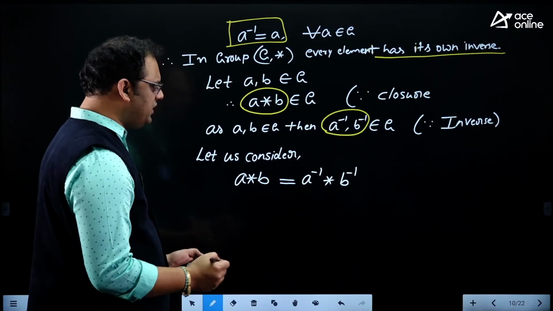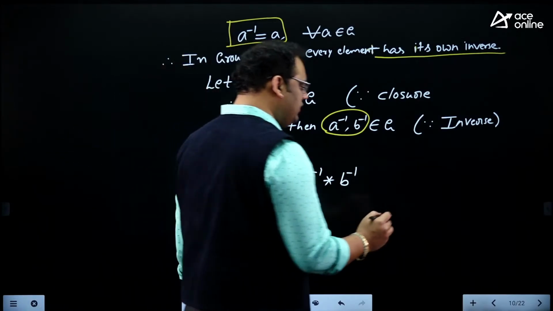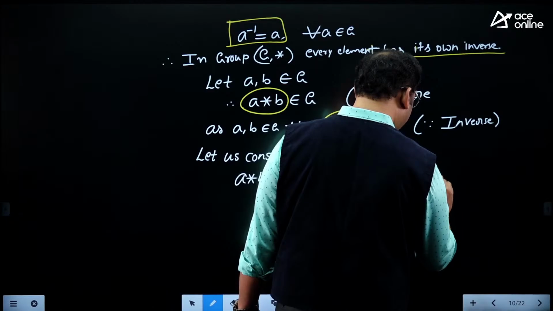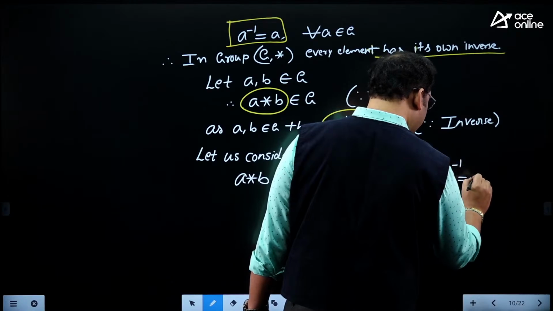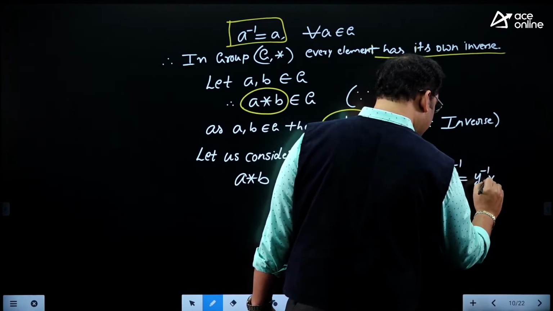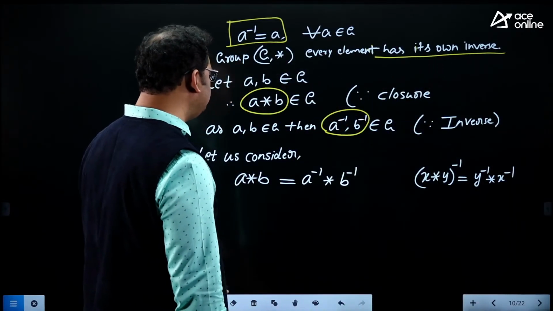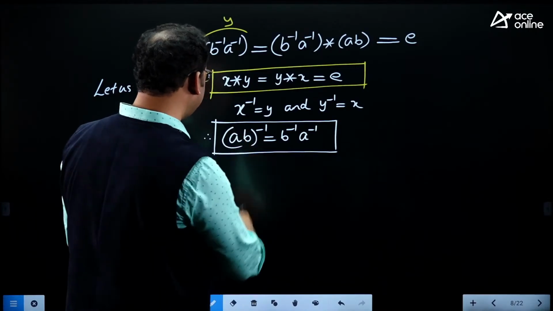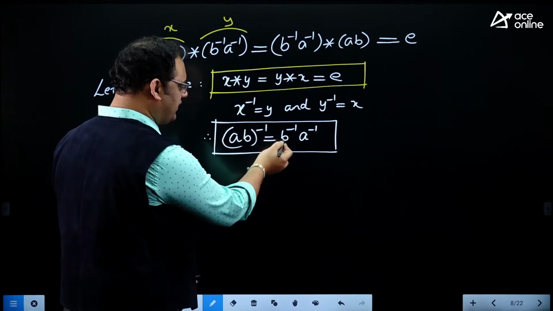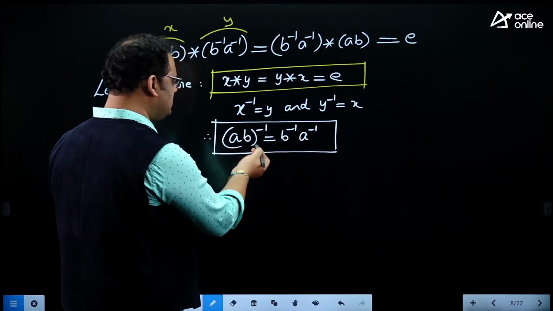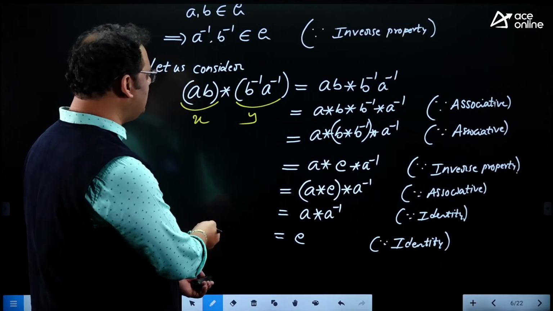Now I want to operate the first theorem here. So the first theorem, you mentioned something. Sir, we know that X star Y whole inverse is equal to Y inverse star X inverse. I am talking about the first theorem, my dear. If G is the given group, X star Y whole inverse is Y inverse star X inverse. Just in place of A and B, I have X and Y, something like this. Just now we proved this theorem, right?